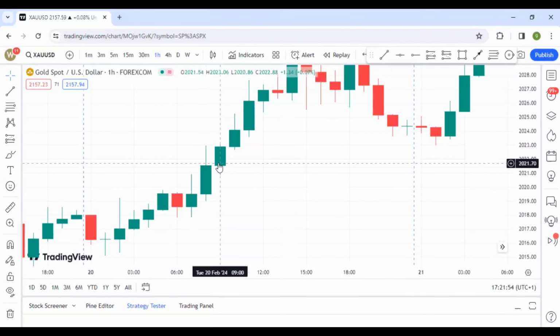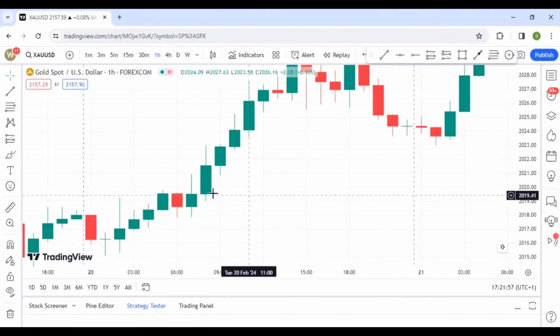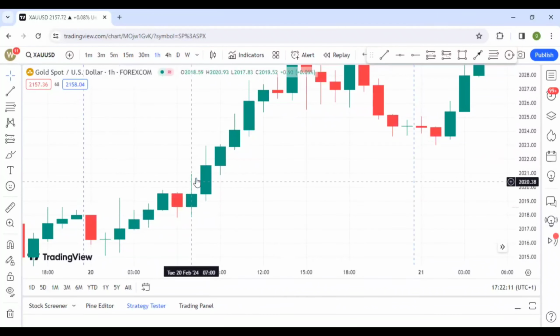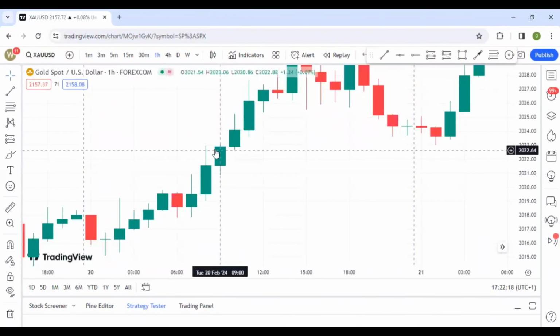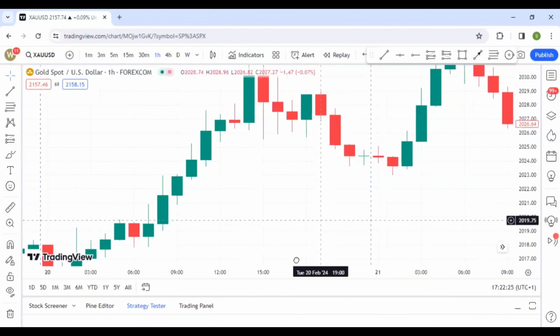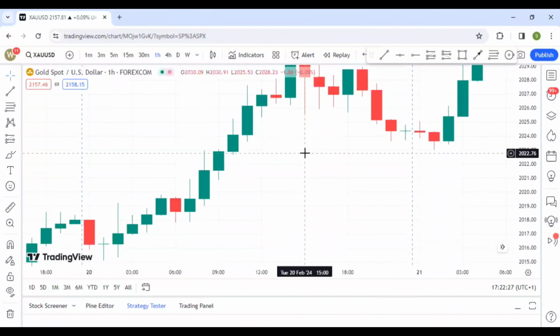Let's make use of this one as three white soldiers. Or we can make use of this, but okay, this one is not good. You cannot use this one because it is supposed to close above the previous high. So this one is more perfect. You can see this three is more perfect. This is a true three white soldiers. This one closes here, the next one closes here. So let's use this one here.